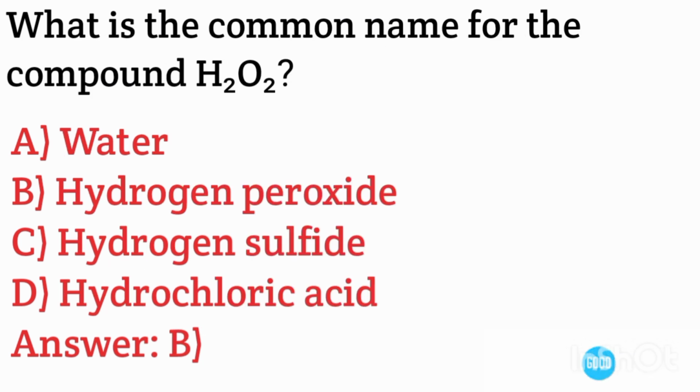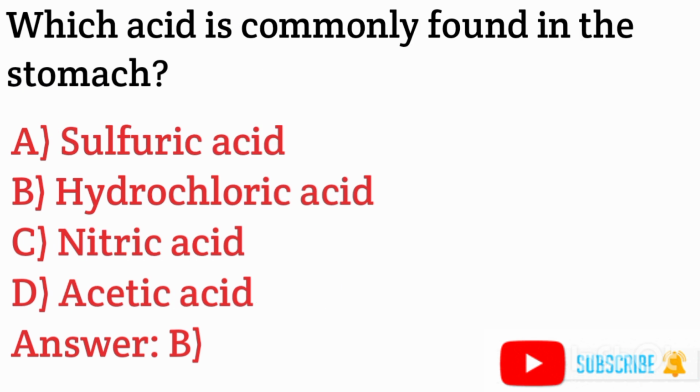What is the common name for the compound H2O2? Hydrogen peroxide. H2O2 common name is hydrogen peroxide. Option number B is correct. Which acid is commonly found in the stomach? Hydrochloric acid. Option number B is correct.